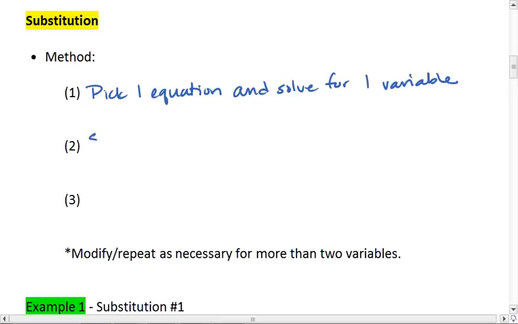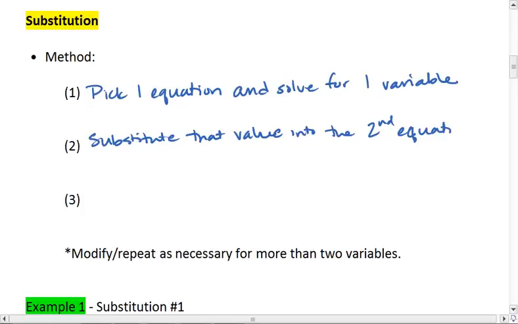We then substitute that value into the second equation and solve for the other variable.